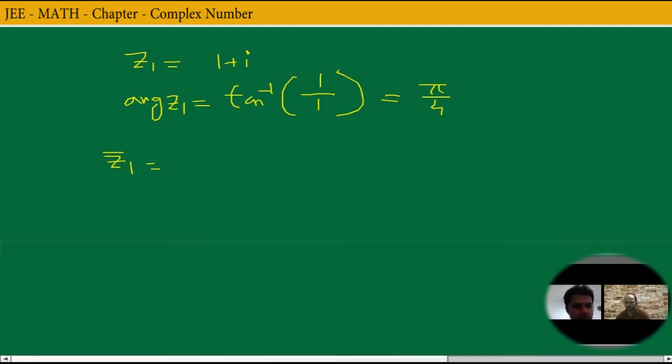If you remember the concept of conjugate, 1 minus i, true. So if it is so, what would be the value of this? Now always remember, if theta is the argument, there is a restriction on this.